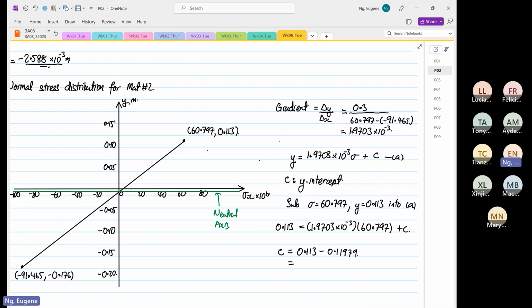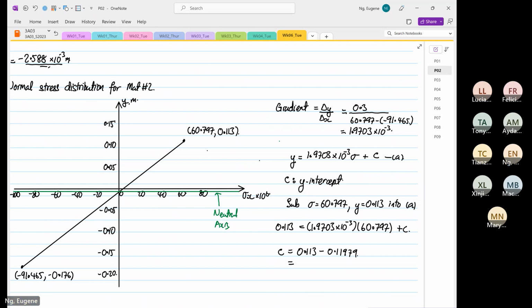I get a, hold on, let me check my calculation. Did I enter something wrongly? 0.3 divided by 60.797 plus 91.465 gives 1.9703. I'm getting a very small value, which is wrong.